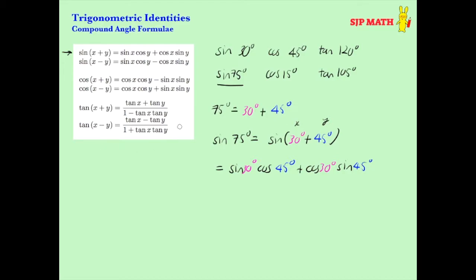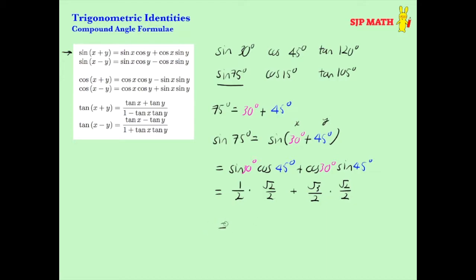And we can put in the sine and cosine values that we already know. Sine of 30 is a half. Cosine of 45 is root 2 over 2. Cosine of 30 degrees is root 3 over 2, and sine of 45 degrees is root 2 over 2.